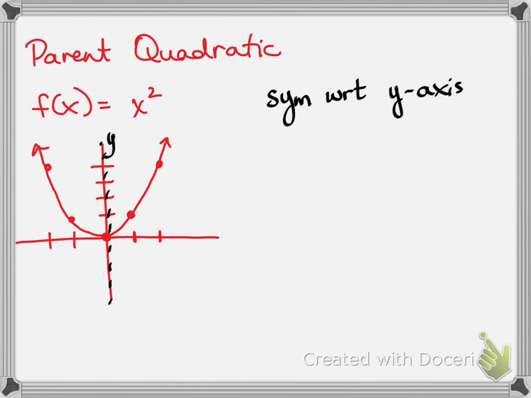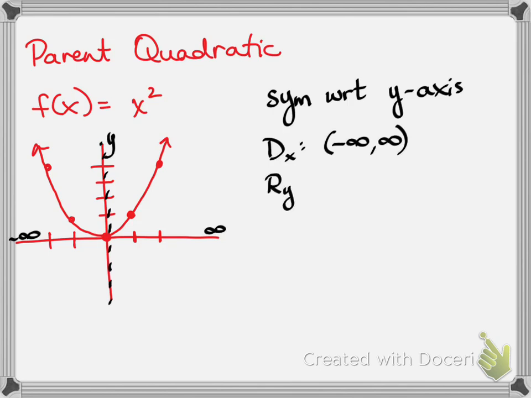All right, we can talk about its domain. Now, domain is x. So we can think this would keep spreading out to negative infinity on the x, and it would go to positive infinity on the x. So the domain is negative infinity to infinity. Range is y.